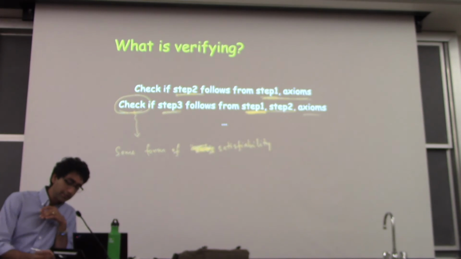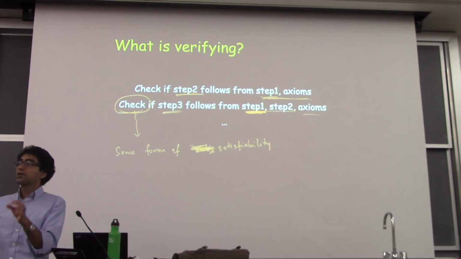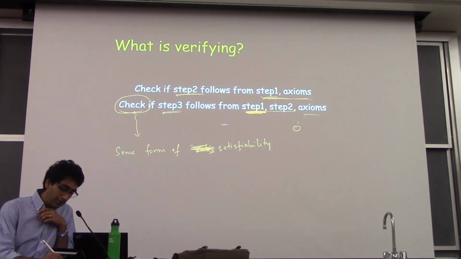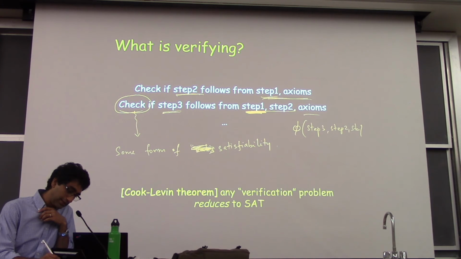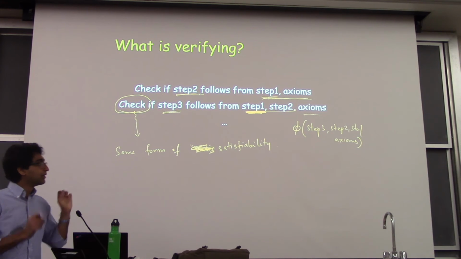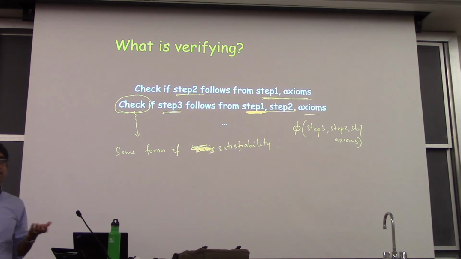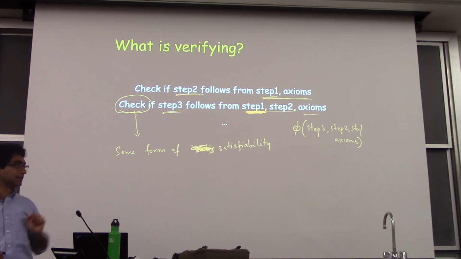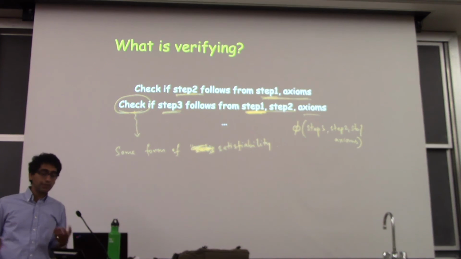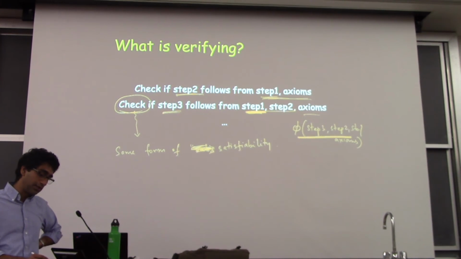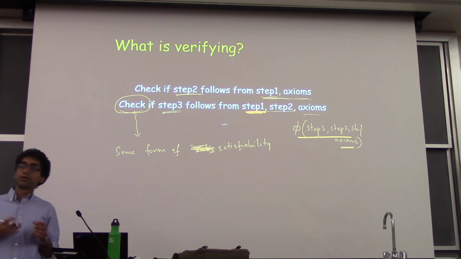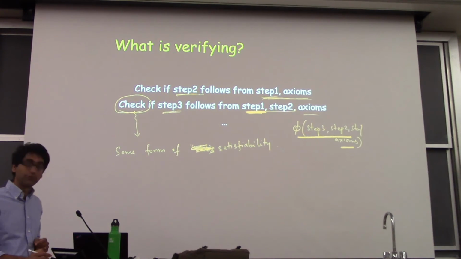We just see if it mathematically follows from step 1, step 2. You can think of it as some formula phi which consists of step 3, step 2, step 1 and the axioms. And this formula evaluates to true if and only if step 3 follows from step 1, 2 and the axioms. If you think about it a little bit, you can convince yourself that you can always write things like this. Any proof you can write as some kind of Boolean formula, and this formula is true only if this follows from this.